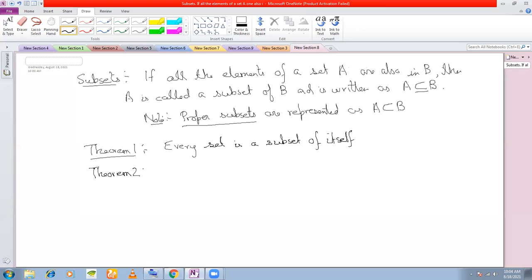Next theorem is that the empty set, or the null set, is a subset of every set.